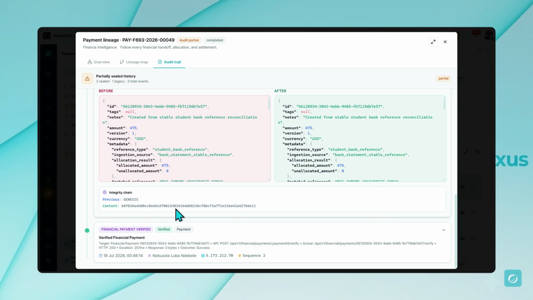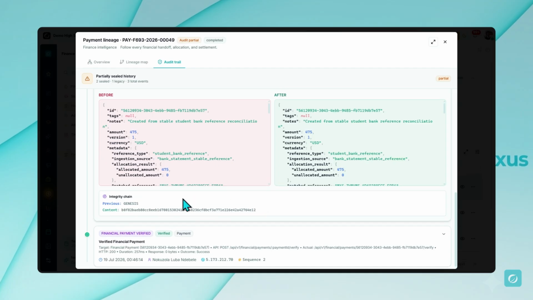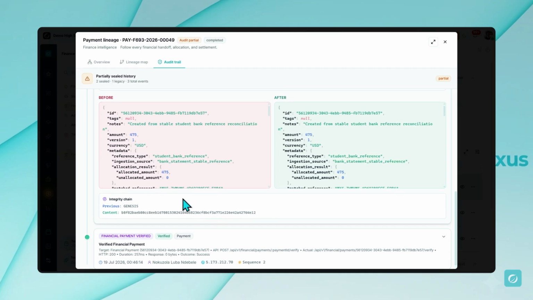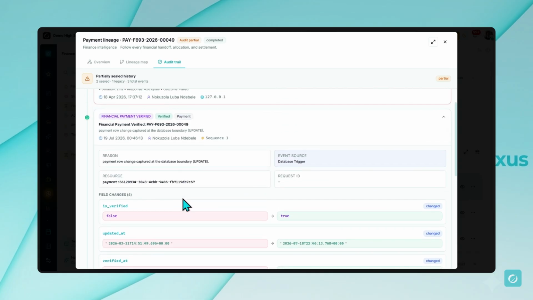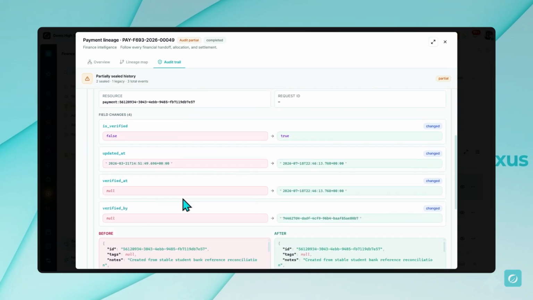Let's return to the original question. The family asked, "Where did our $475 go?" Makronexus gives the school a precise answer. The bank reference identified the payment as Tendai's. The payment profile applied the configured oldest due first rule. $105 completed the oldest partially paid invoice.